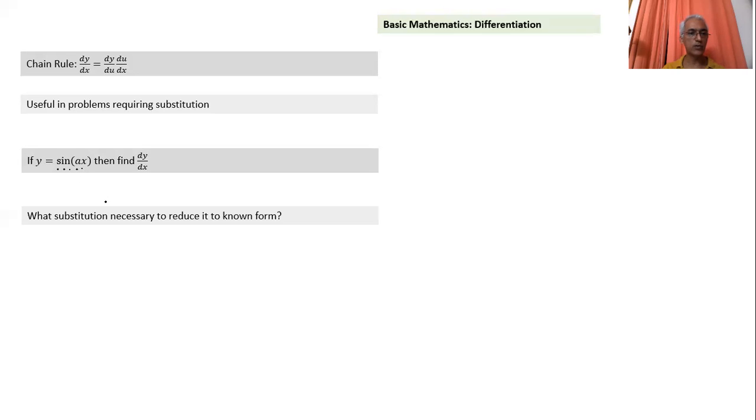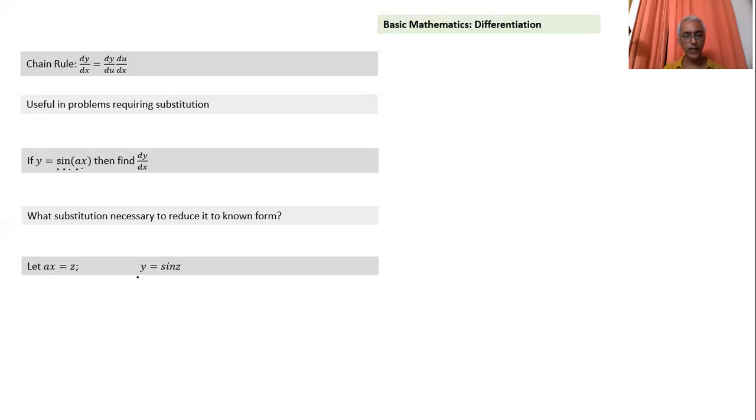What substitution is necessary to reduce this into a known form? We can substitute a new variable, z. Let's say we make the substitution ax is equal to z. If I make this substitution, y, which here is a function of x, becomes a simpler function of z. y is equal to sine z.